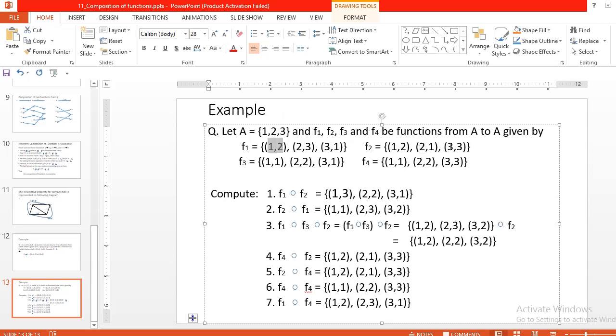Similarly 1 2 with 3 3: there are no common elements. Now take the second pair of F1, 2 3, with the first pair 1 3: no elements are common.